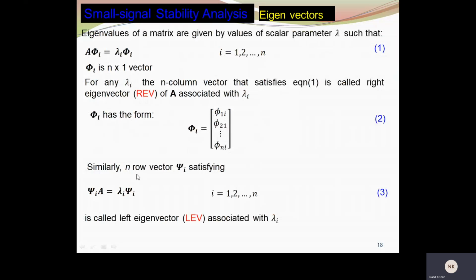Similarly, for the n row vector, we have another vector satisfying equation 3, again for i equal to 1 to n. The vector satisfying equation 3 is called the left eigenvector associated with that particular eigenvalue.